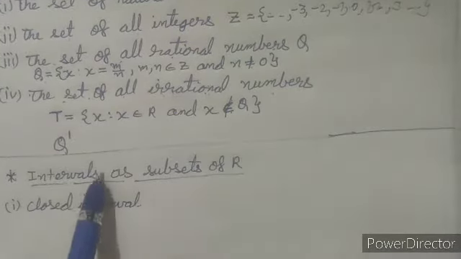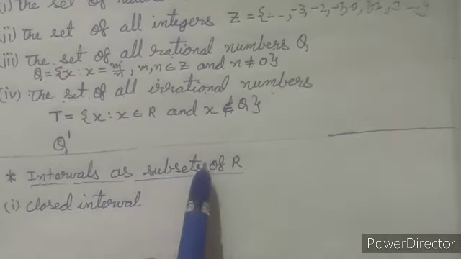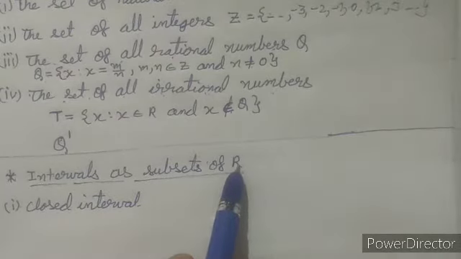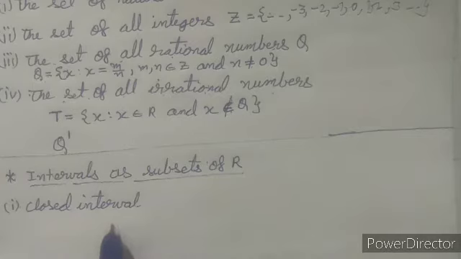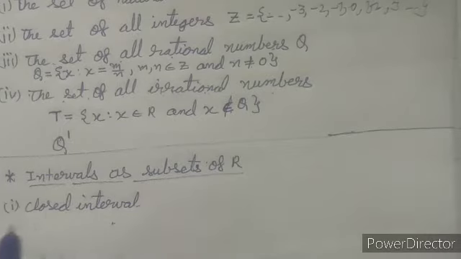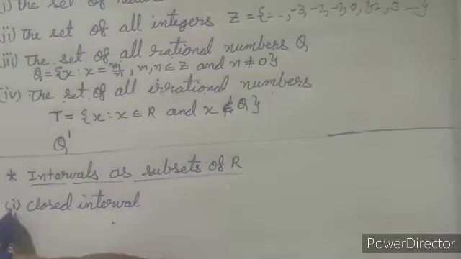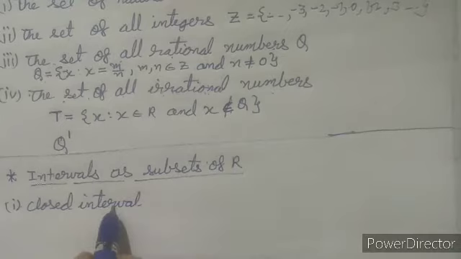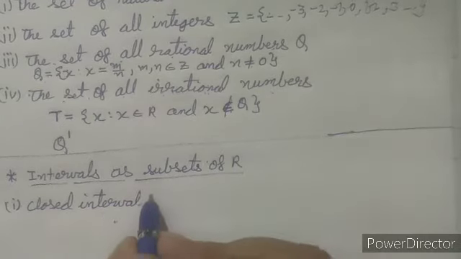Now intervals as subsets of R, that is real numbers. On a real line, various types of infinite subsets are designated as intervals as defined below. First is the closed interval.